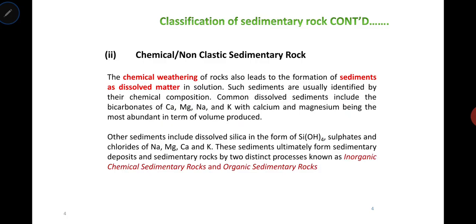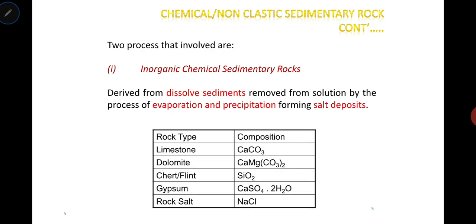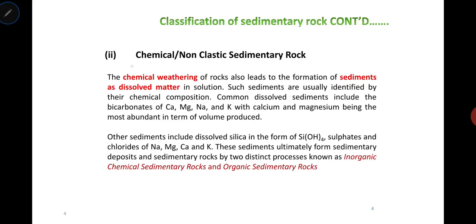Okay, next, you need to know about the non-clastic sedimentary rock, or also known by chemical process, and the other one is organic, which is biochemical process to form sedimentary rock. The term chemical, we need to understand this is the chemical process.